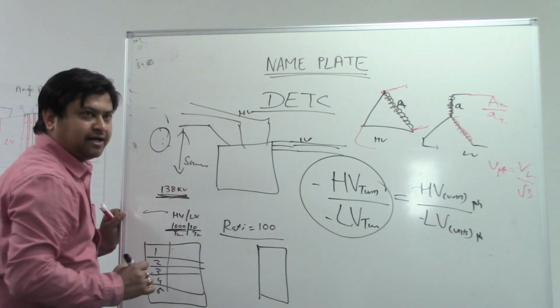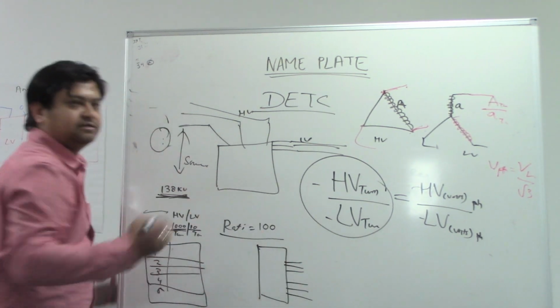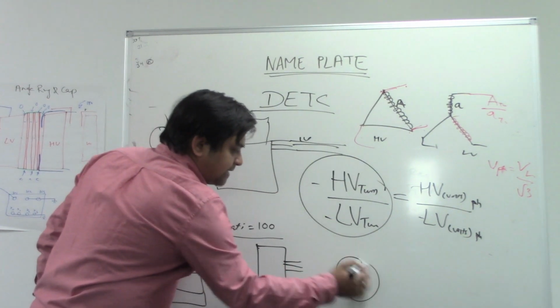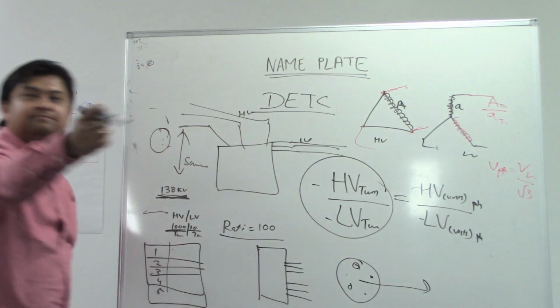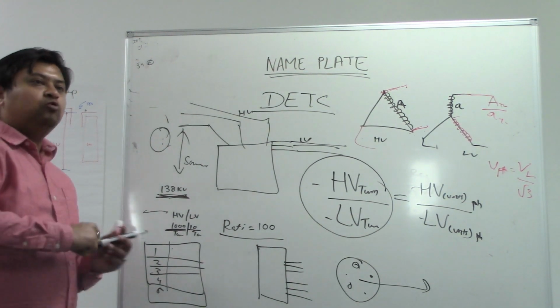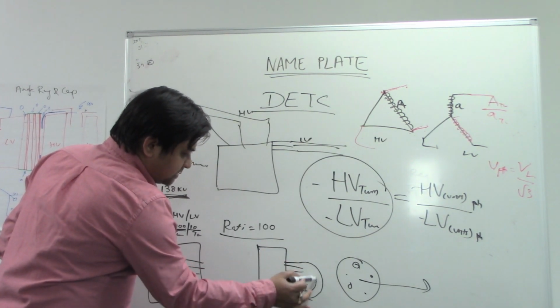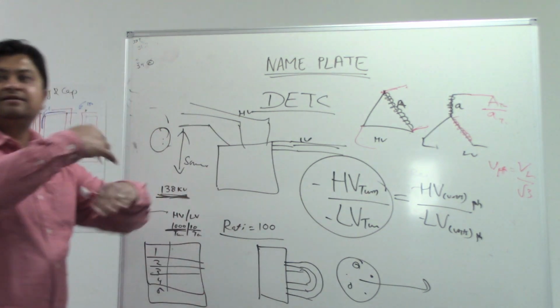We make a winding and then we put taps in the winding. And that tap goes to a tap changer. And the handle of the tap changer comes out of the tank. Okay? So from outside what you can do is, you can add or subtract any turns you want.